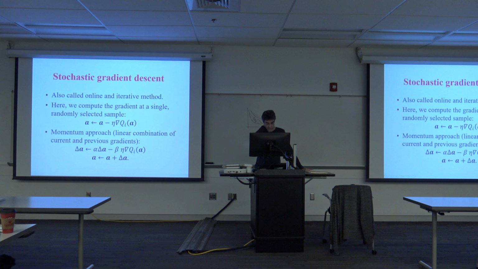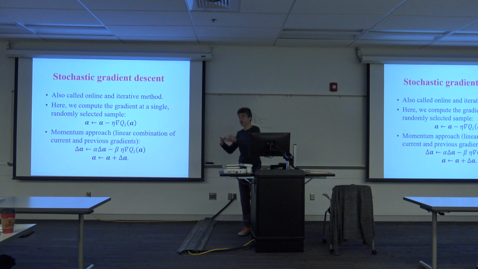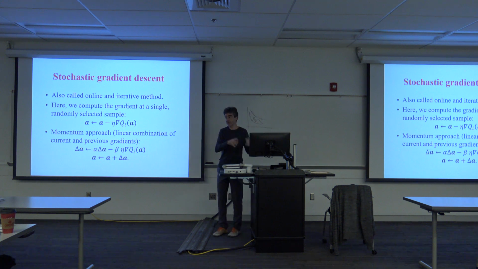There's an extension of this called the momentum approach, which is a linear combination of this method and the previous method, which will look something like that, right? So you want to add the gradient of the previous step, right? So here I want to consider the previous step that I did plus some contribution for the new step, right? Given by different samples, right? So you carry a momentum from step to step, right?